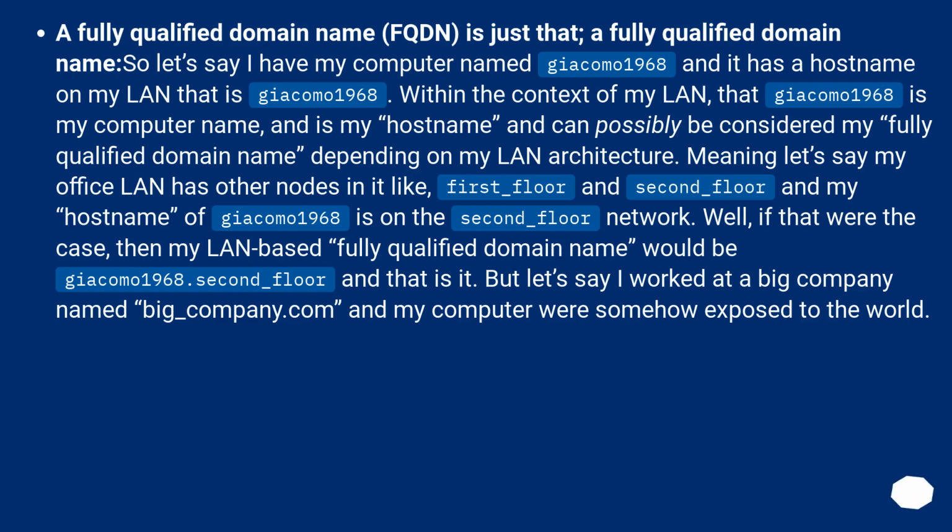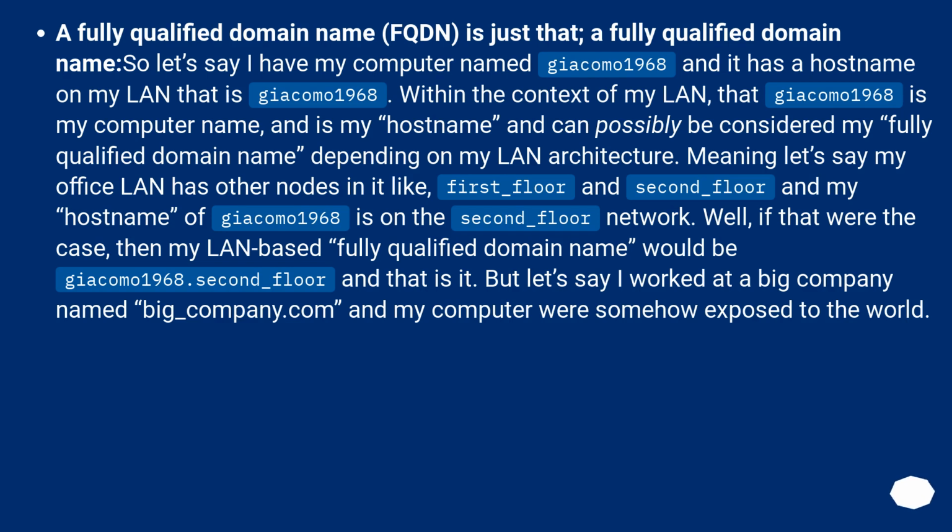Meaning, let's say my office LAN has other nodes in it like first_floor and second_floor, and my hostname of Giacomo1968 is on the second_floor network. Well, if that were the case, then my LAN-based fully qualified domain name would be Giacomo1968.second_floor, and that is it.